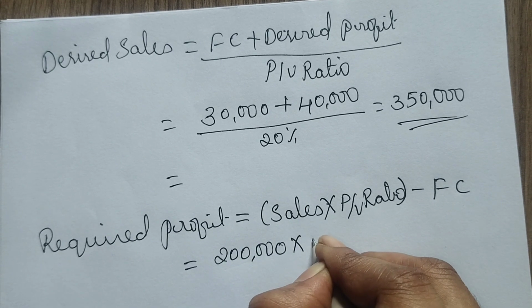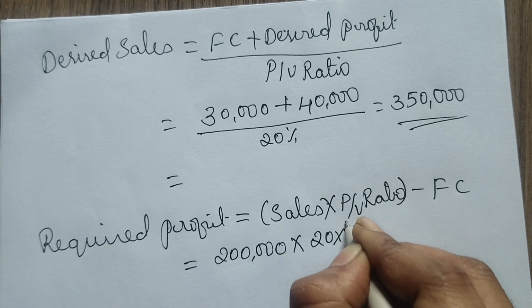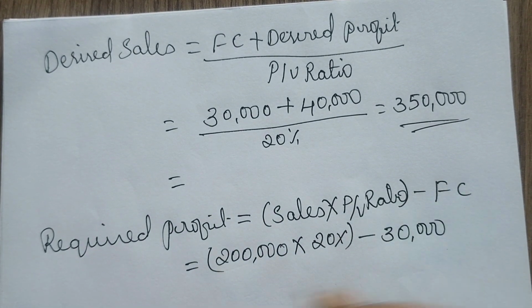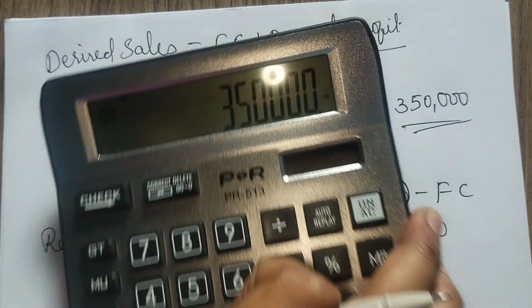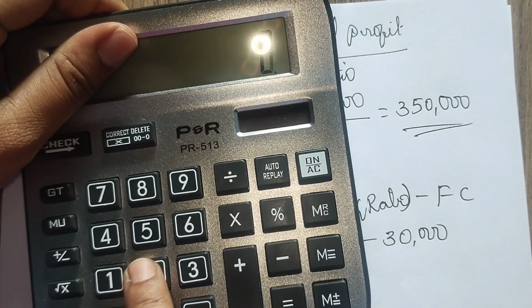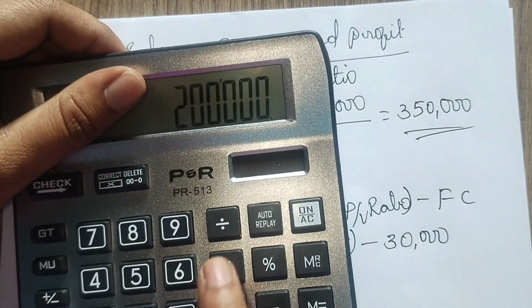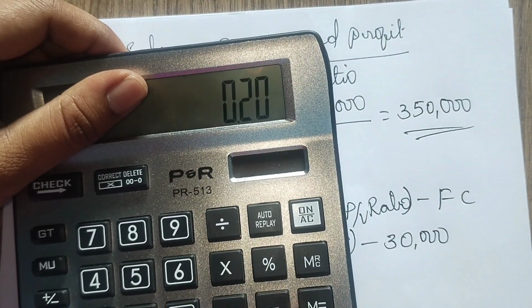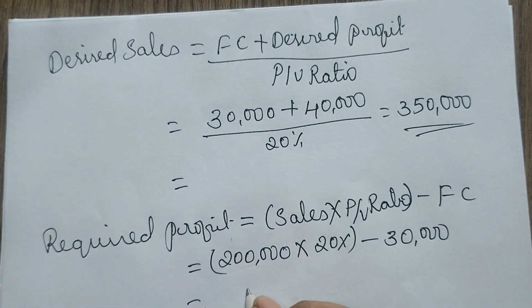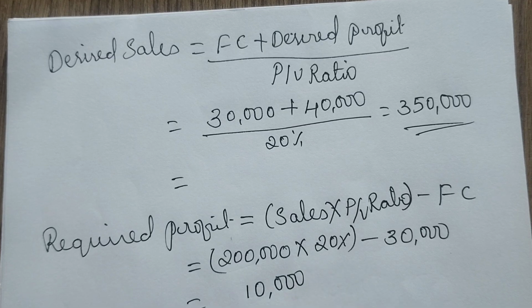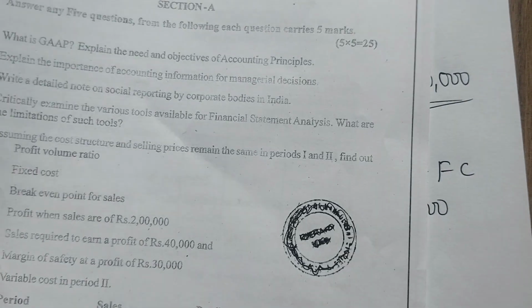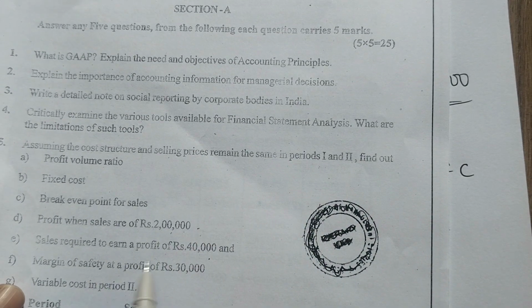PV ratio is 20%, that is 0.20, minus fixed cost 30,000. Let us calculate. 2 lakh into 0.20 minus 30,000 is 10,000. Required profit is 10,000.